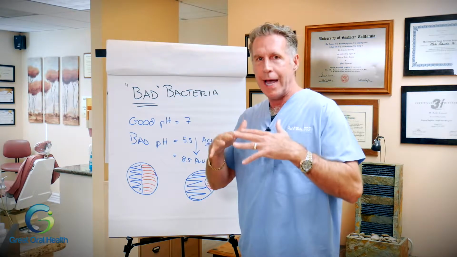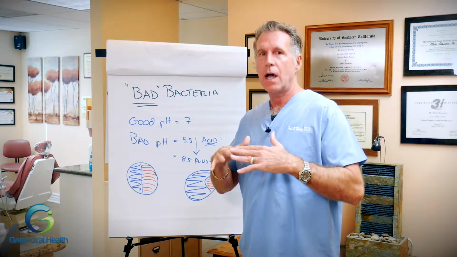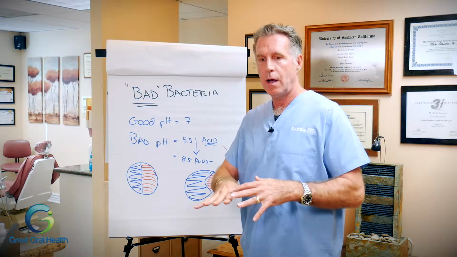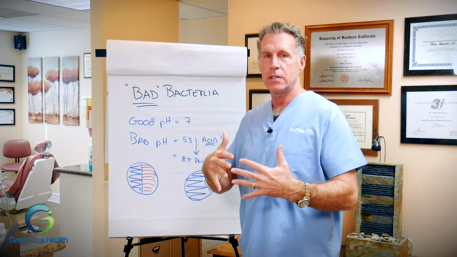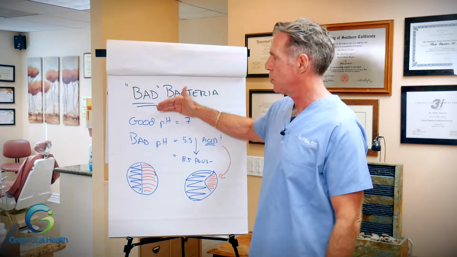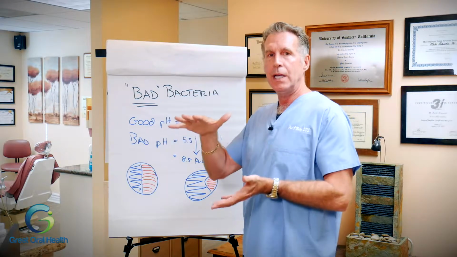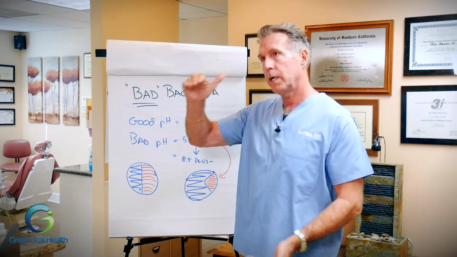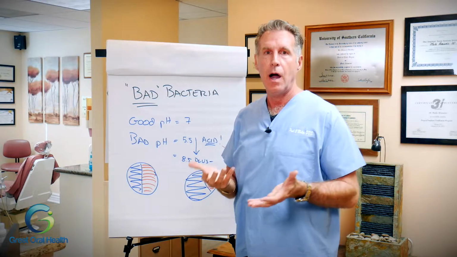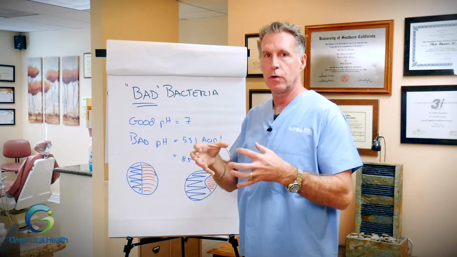Let's say the harmful bacteria that are generally in lower numbers love acidic environments, and so they'll rise up. So anything that can contribute to bringing the pH down or bringing it up too high will also encourage the amount of harmful bacteria that can overgrow.